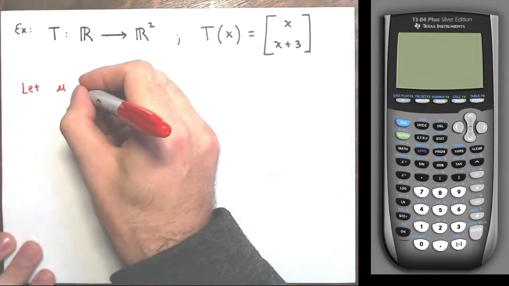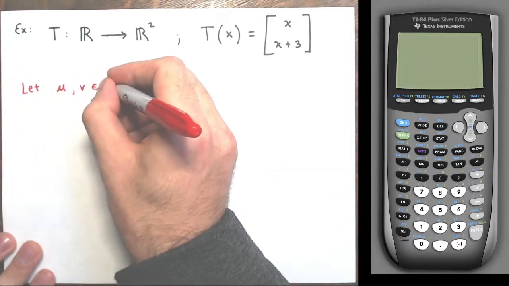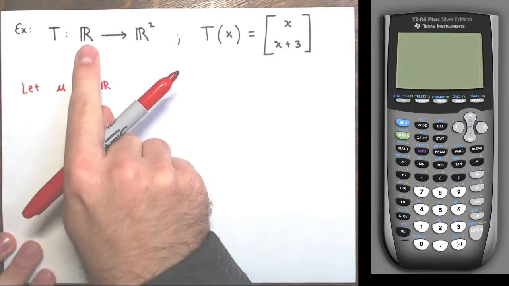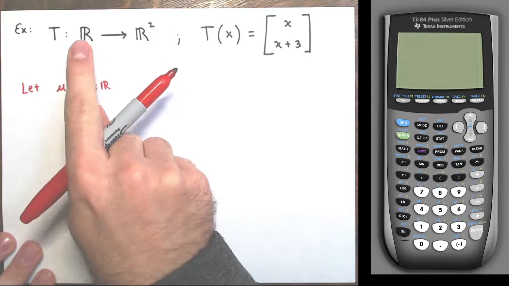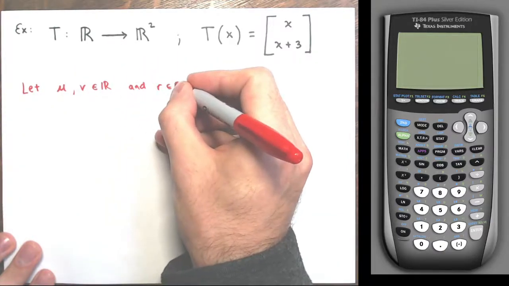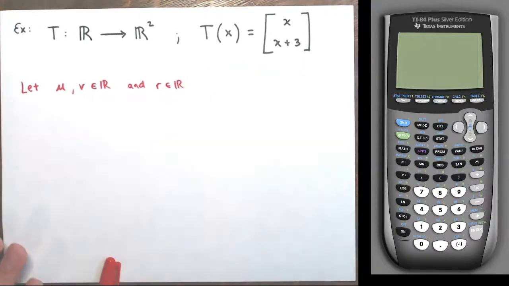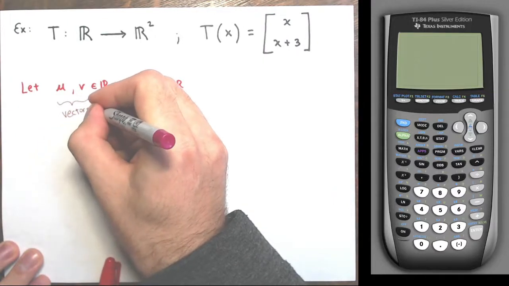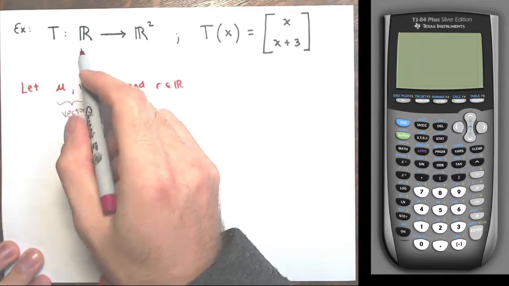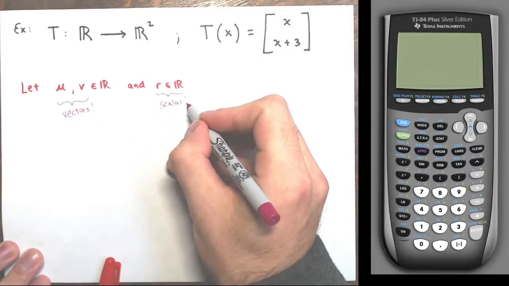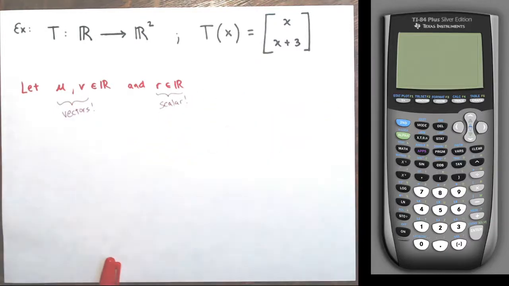So I'm going to let u and v belong to R. These are general vectors from my domain, sorry. And r is a scalar from the field of real numbers. I know they're both from R, but these are my vectors, u and v, the things from the domain.